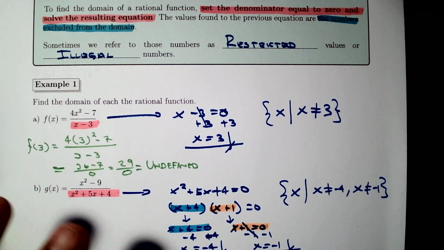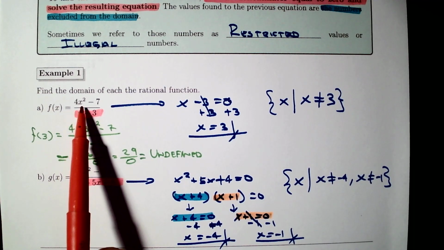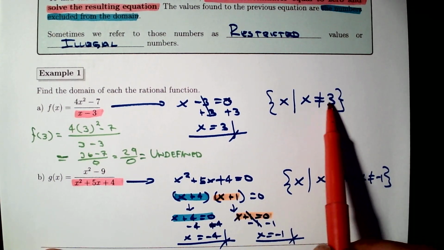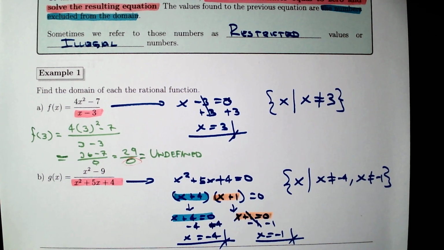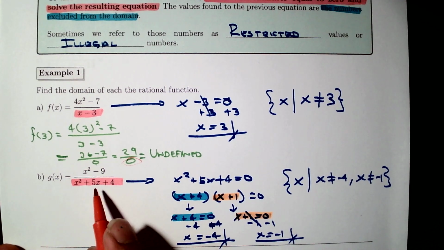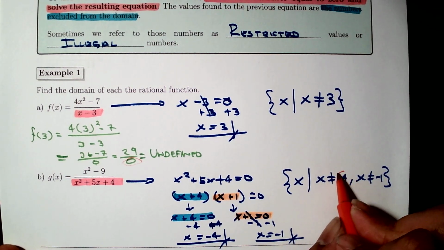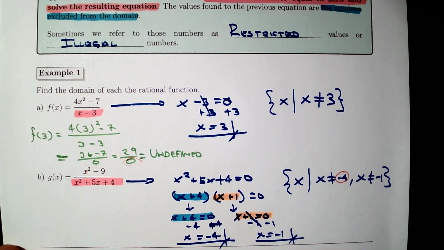Same here. For this function, if I add the number 3, see how I get this undefined? I get a 0 in the denominator, the function blows up. Here on the second example, if I plug in negative 4 over here, or if I plug in negative 1, these are the restricted values that I cannot add.